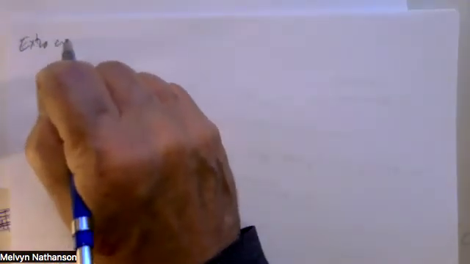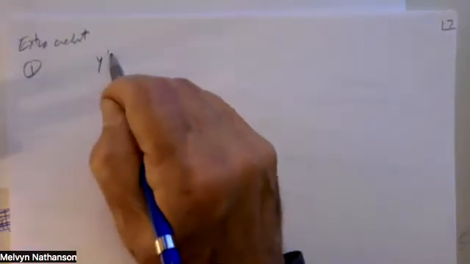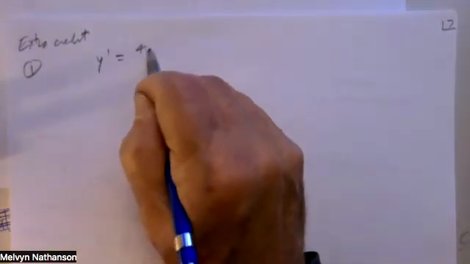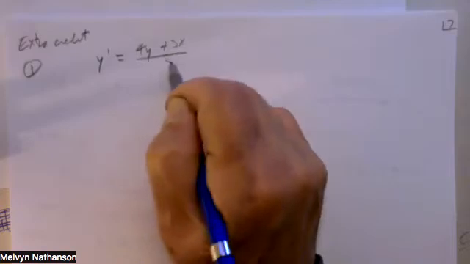So let's look at the extra credit problems. Extra credit, problem 1. We have an equation y prime equals 4y plus 3x over x.